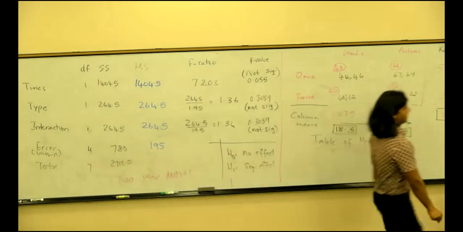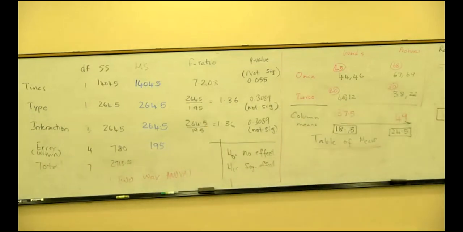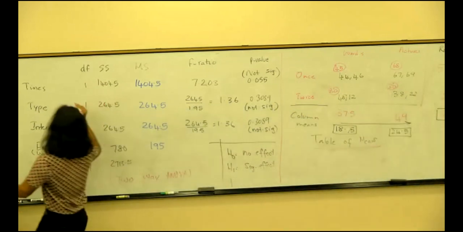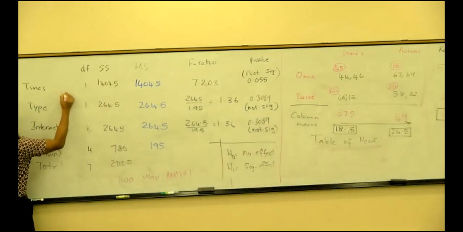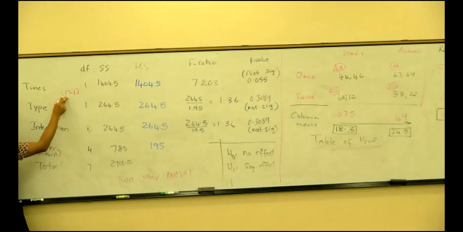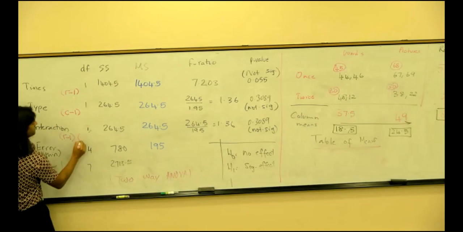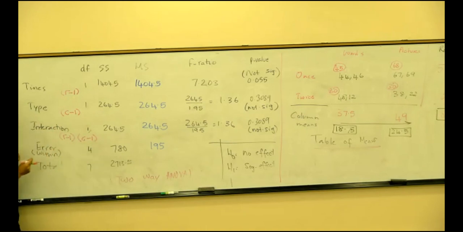Before I end practice, the book uses a complicated notation, but this is R minus 1, number of rows minus 1, I wrote it last time. Number of columns minus 1. Number of rows minus 1 multiplied by number of columns minus 1.